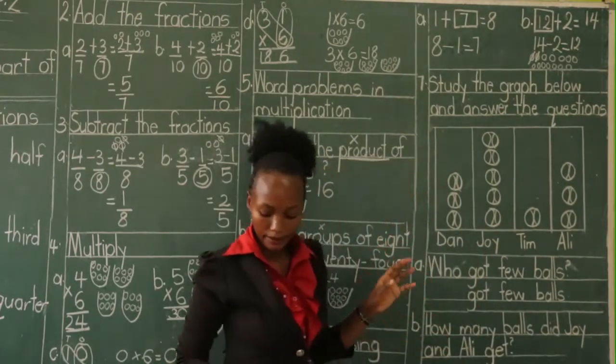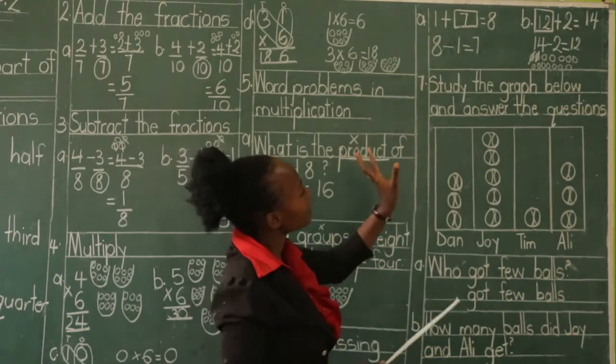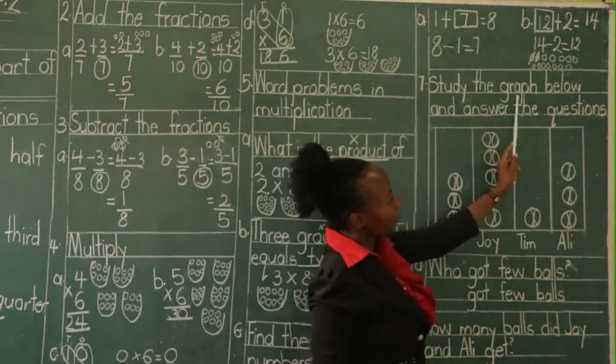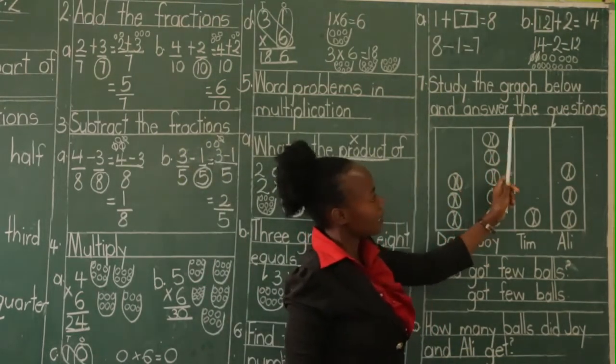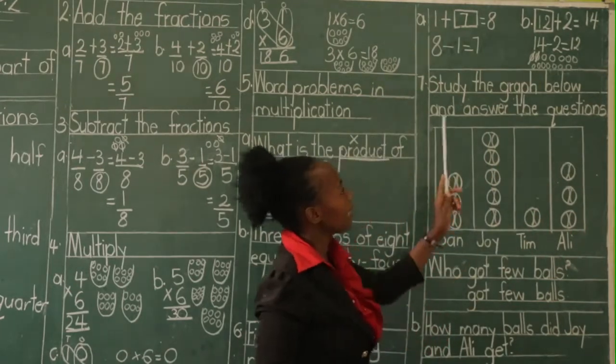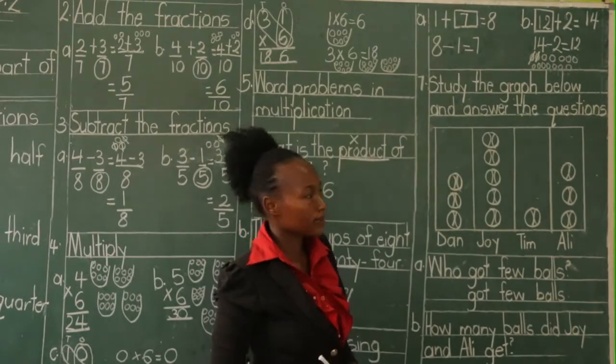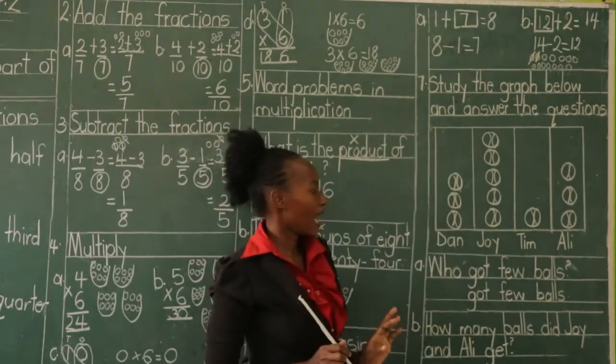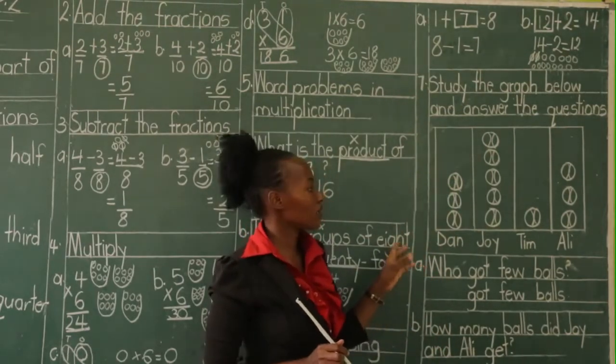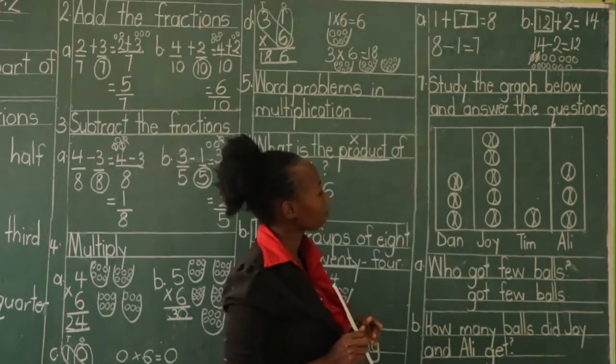Alright. Let's look at another work. Study the graph below and answer the questions. This is our graph, and we have 4 children, each having balls.